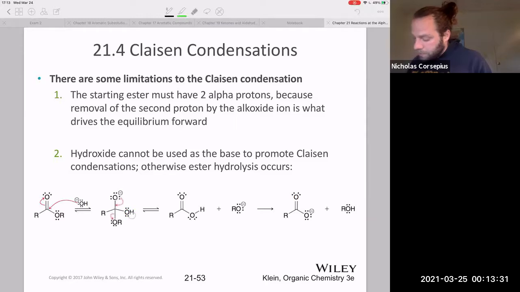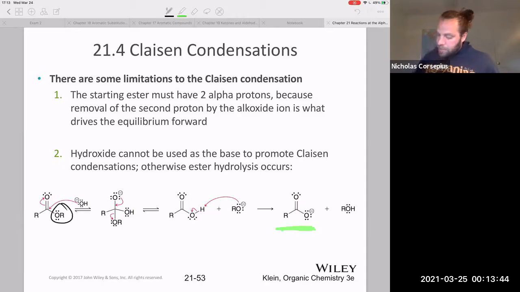And so this can come down and kick off that group, and then you're left with a carboxylic acid, right? Which will get deprotonated and you'll be left with a carboxylate. So basically, you can't use any old base. You're going to look at the identity of your ester and choose your alkoxide ion accordingly.